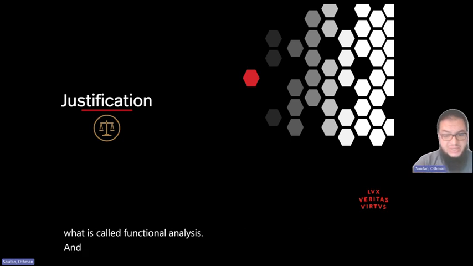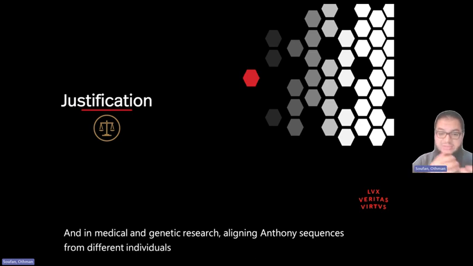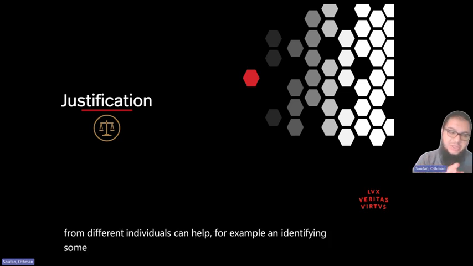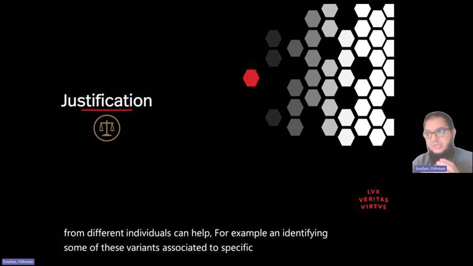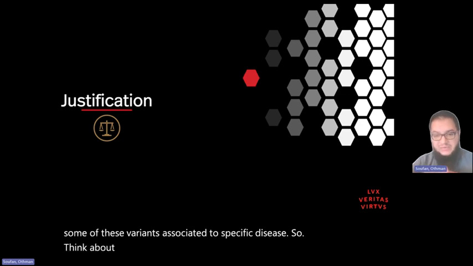In medical and genetic research, aligning RNA sequences from different individuals can help, for example, in identifying some of these variants associated to specific disease. So think about genetic testing, for example.